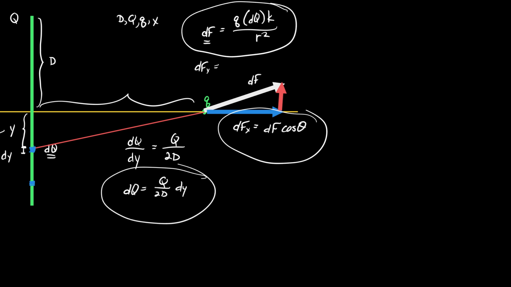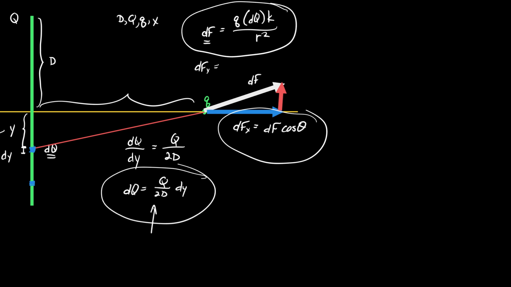Because right now, when dq changes, both r and theta change, right? Three different variables are all linked together, and they're all changing whenever I choose a different charge. I need to find a way of writing this in terms of only one variable that's changing. For example, I already have an expression that would allow me to convert dq into something that has y in it.